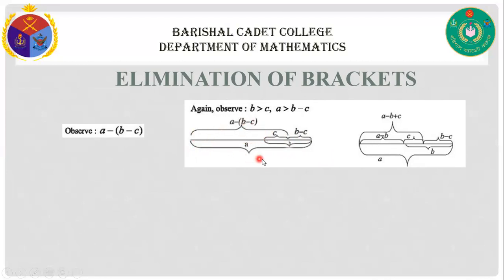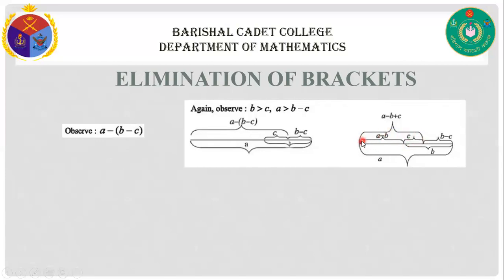Okay, from this, now a minus b plus c. a is total, b is this part, and c is this part. So a is total, minus b is this part. So a minus b is this part, and plus c is this part. So a minus b plus c is this part.